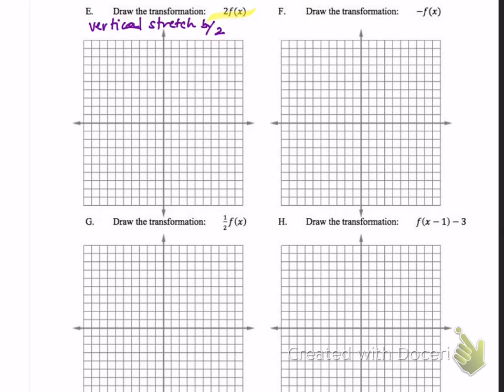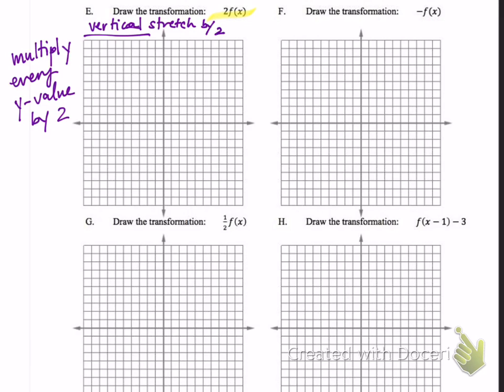So what you're going to do to each ordered pair, if it's a vertical stretch by 2, vertical means that it's changing the y values. So you're going to take every y value and you're going to multiply it by 2.